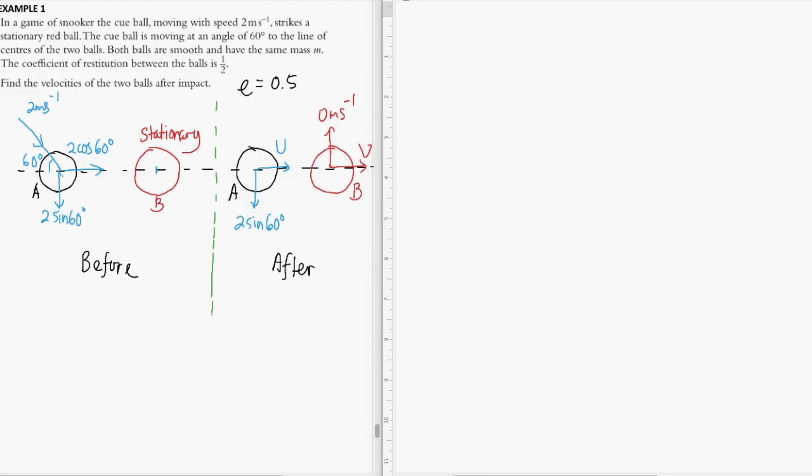Once we have all the information set up, we are going to solve this using both conservation of momentum and Newton's restitution law. Let's start with conservation of momentum.